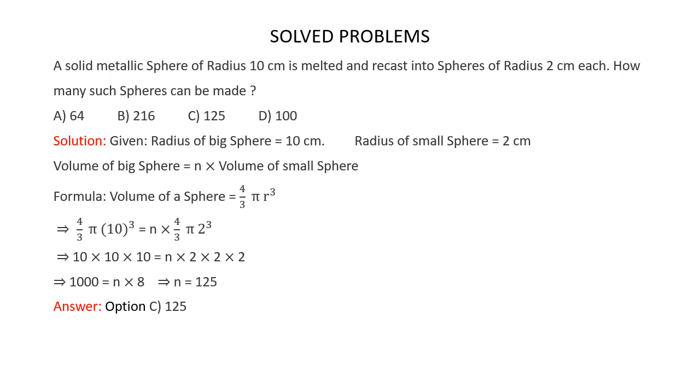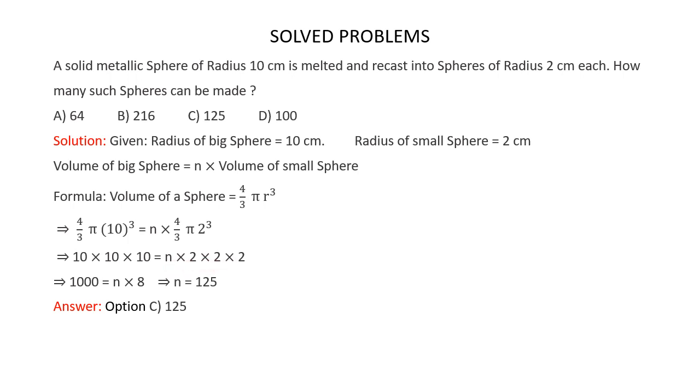So now we have 4 by 3 multiplied by pi multiplied by 10 cubed is equal to n multiplied by 4 by 3 multiplied by pi multiplied by 2 cubed. Here 4 by 3 pi on the left hand side and 4 by 3 pi on the right hand side get cancelled out, and we are left with 10 multiplied by 10 multiplied by 10 is equal to n multiplied by 2 multiplied by 2 multiplied by 2.